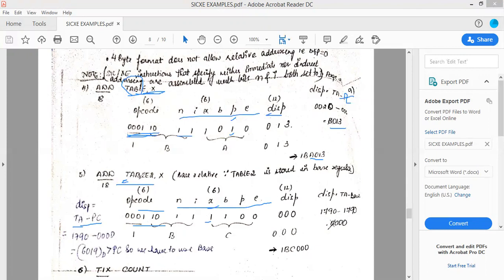Then the target address of table 2 is 1790, and PC is the address of the next instruction, which is 000D. When you deduct this from 1790, use your calculators, guys. In hexadecimal you get 1783, which converted to decimal is 6019, as I have written here. So 6019 is above the range of PC, right? You got my point.